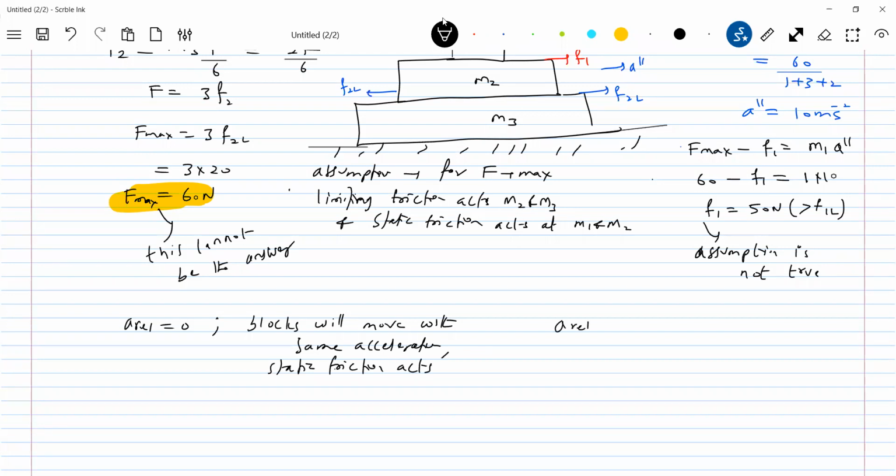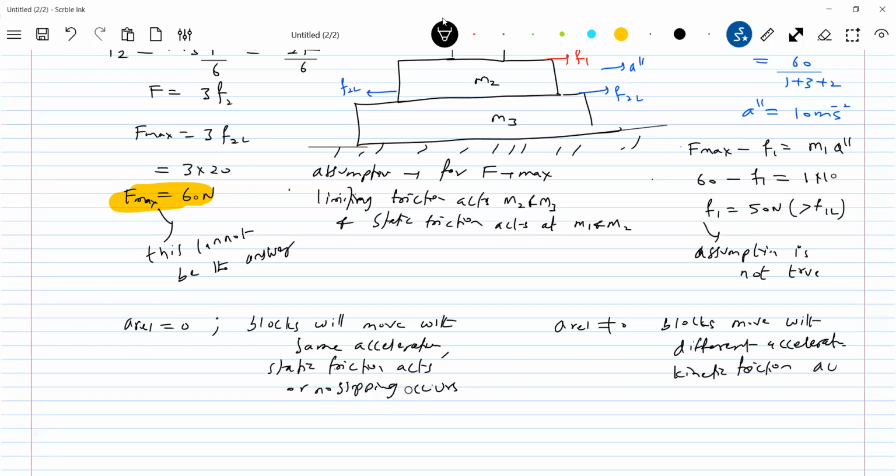If A relative is non-zero, blocks move with different acceleration, kinetic friction acts, and slipping occurs.